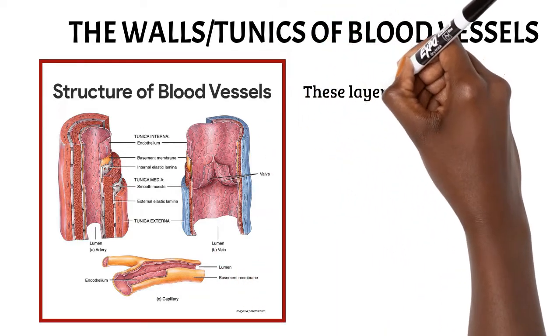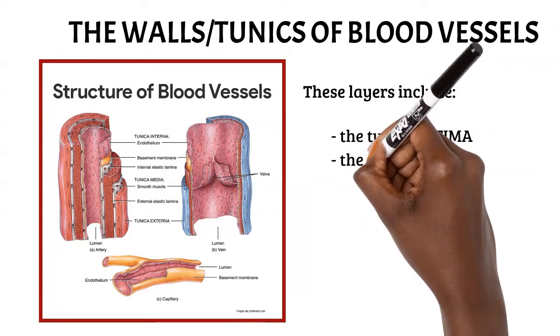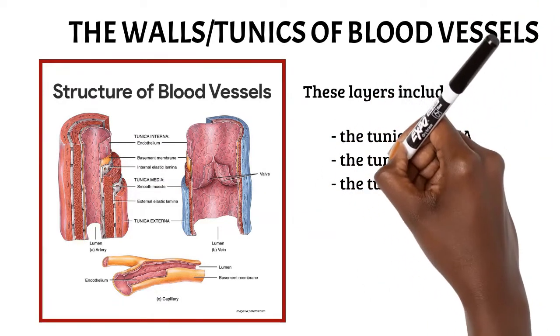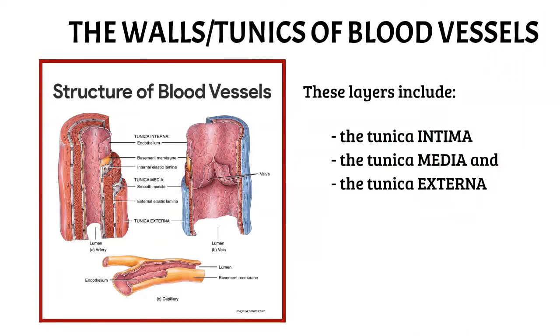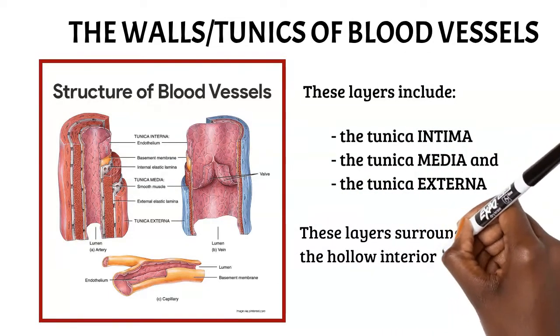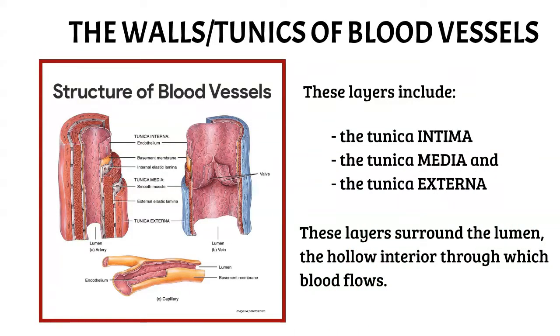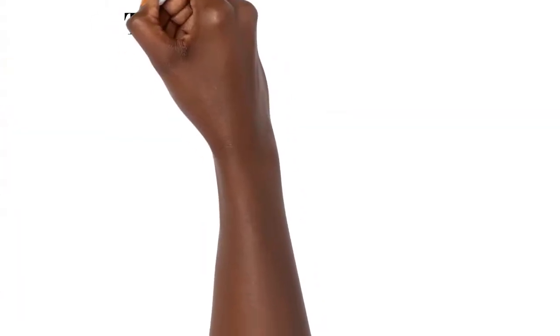These layers include the tunica intima, tunica media, and tunica externa, or inner layer, middle layer, and external layer. These layers surround the lumen, that's the hollow interior through which blood flows. So let's go through it one after the other.